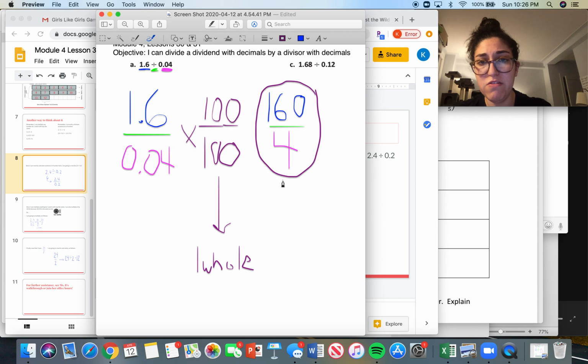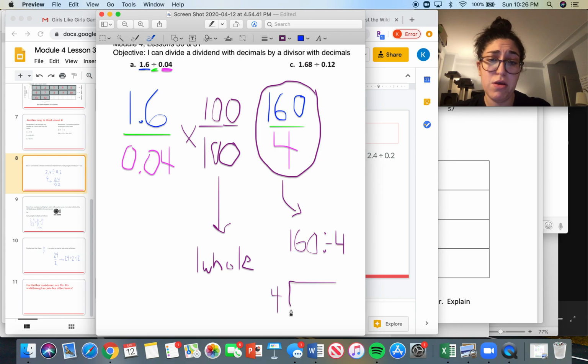So now what am I going to do? I'm going to take this and turn it back into a division sentence: 160 divided by 4, and you can use any method you would like to try to solve this. You could use the standard algorithm, you could break it into groups, but I'm going to use just what I know about these numbers.